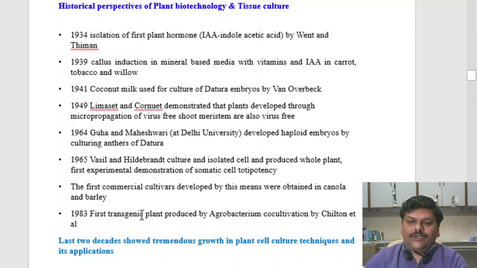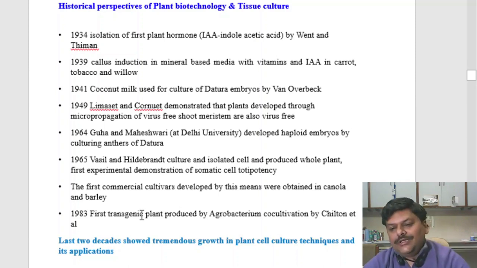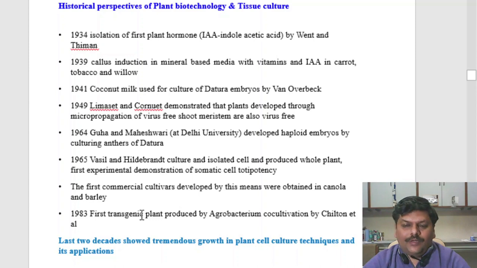After that, it was an exponential growth as far as plant tissue culture is concerned, and the last 2 decades showed tremendous growth in plant cell culture techniques and their application. These days, in our day-to-day life, we encounter products which are the result of plant cell tissue culture methods and their applications.